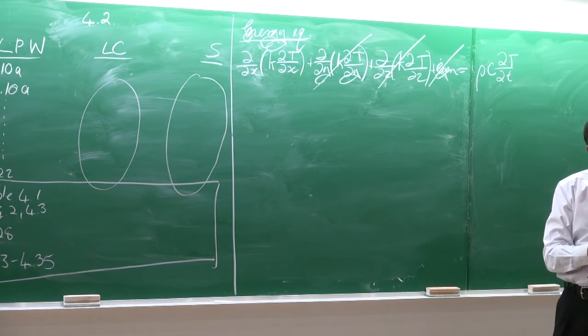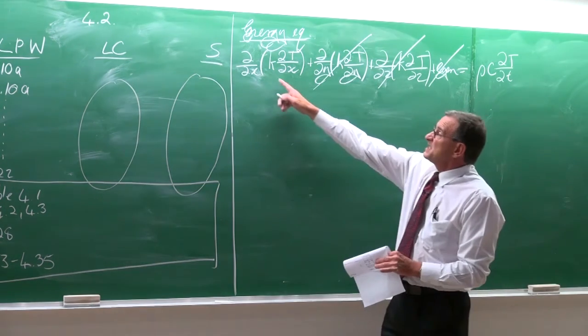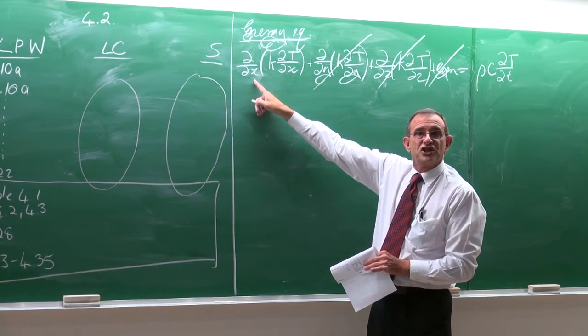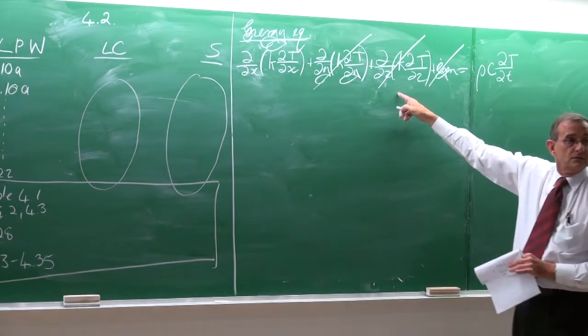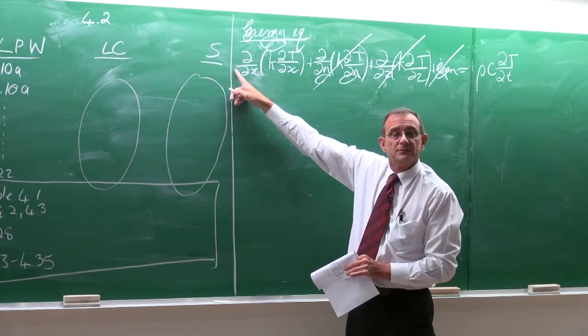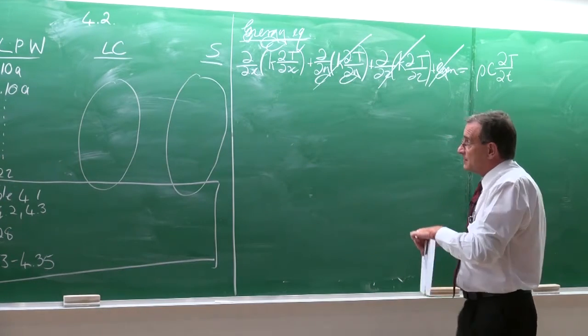Another important thing is that k could depend on the direction, x, y, or z. That is why it is not on the outside of the bracket, so it's not a constant.